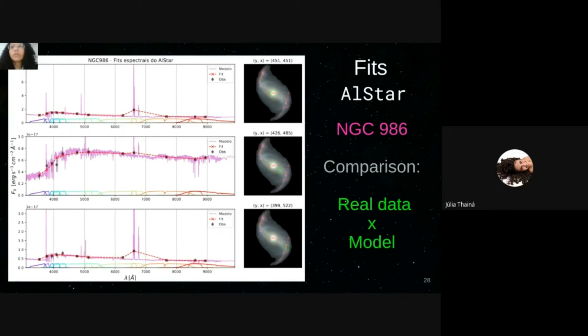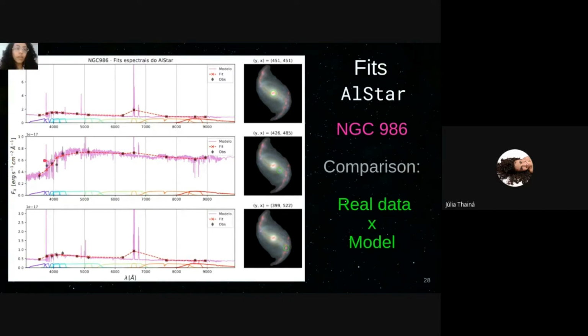Now I will show some fits from All-Star for the galaxy NGC 986. Here we have 3 different regions: the center, the middle, and the spiral arm. In the x-axis we have the wavelength, and in the y-axis we have the flux.